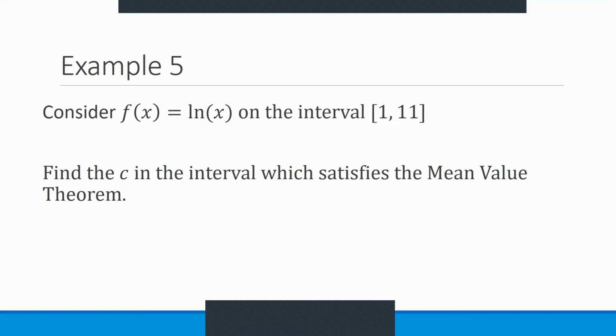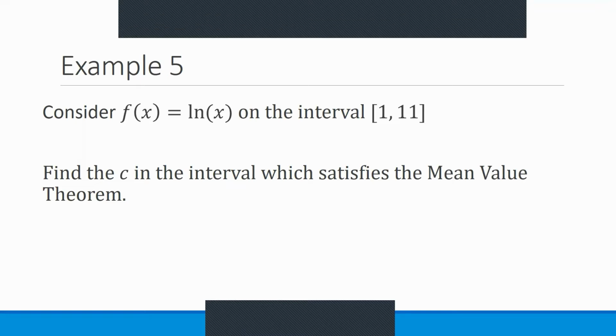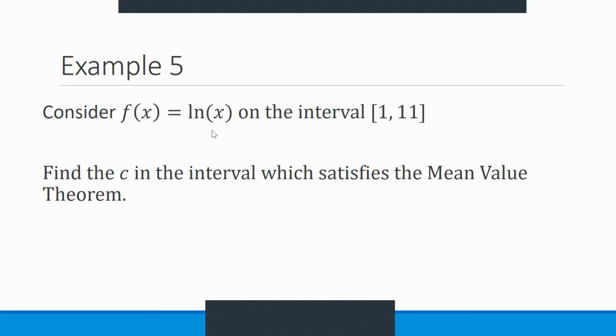At 0, there's a bad spot. When you try to do natural log of 0, you get an error. Doesn't work in the domain. Same thing with negatives. We don't want negatives in the natural log. But as long as x values are positive, and in this interval they are positive, then the mean value theorem can be applied.